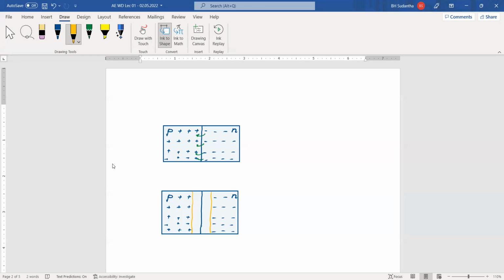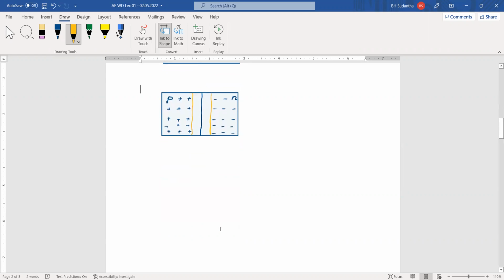Originally, when we create a PN junction, this is what happens around the junction, and after that we have a region like this, and we call this region the depletion layer.